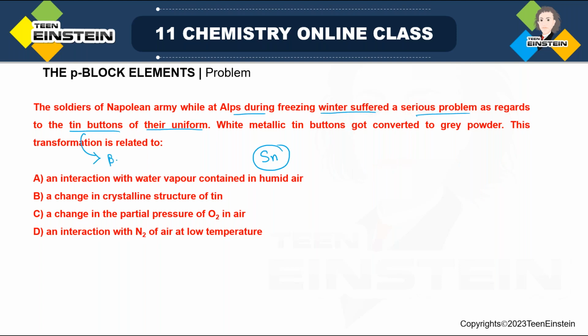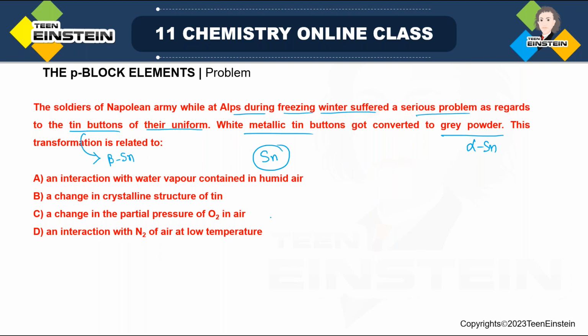It is the beta tin form, the white form. Now this white metallic tin, the beta form, got converted under freezing winter conditions to the grey powder form, which is nothing but alpha tin. So that is why the buttons are suddenly converted to grey powder.